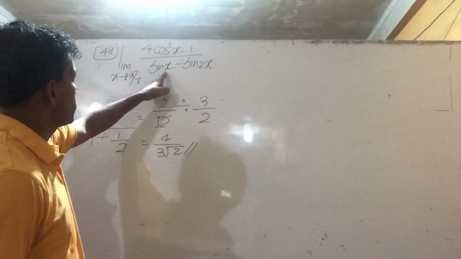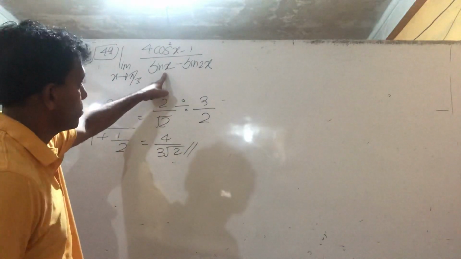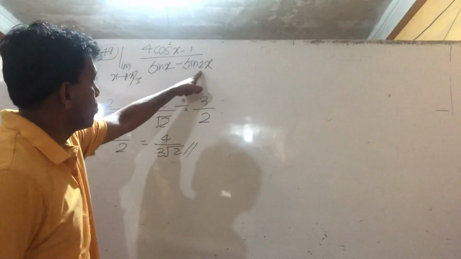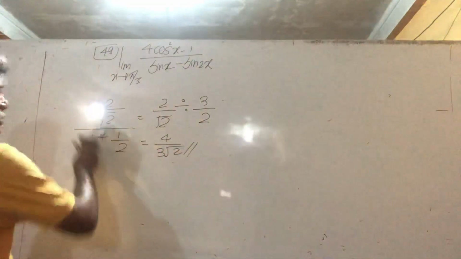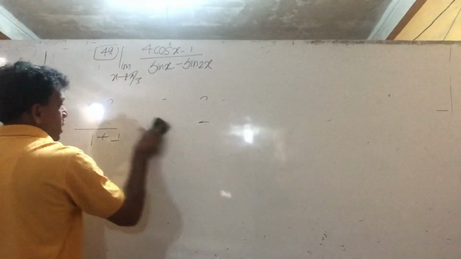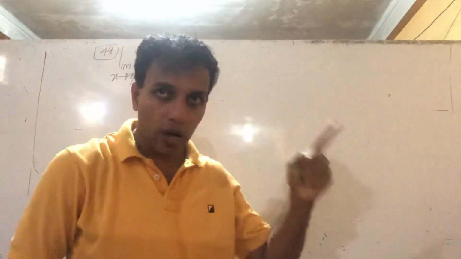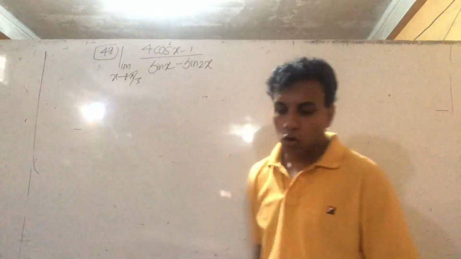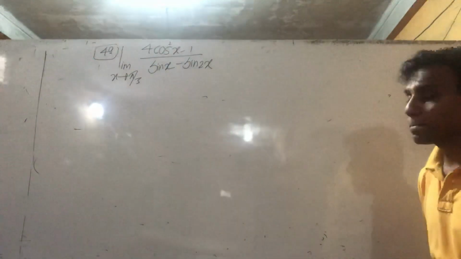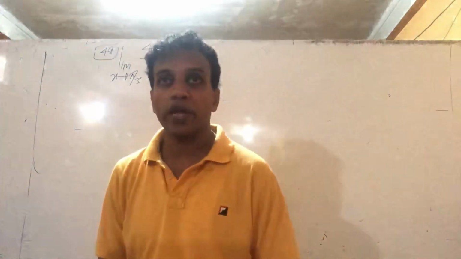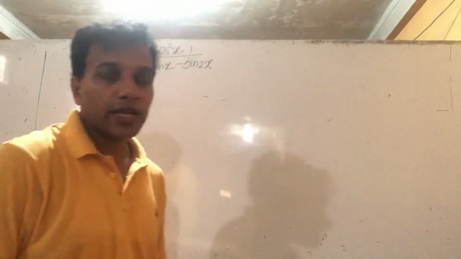Sine pi by 3, 60 degrees, is root 3 by 2. Here 2 pi by 3 gives the same answer, therefore 0. Sine 120, second quadrant, has the same value as the first quadrant. Therefore 0 over 0 cannot give a unique answer, a meaningless pattern.